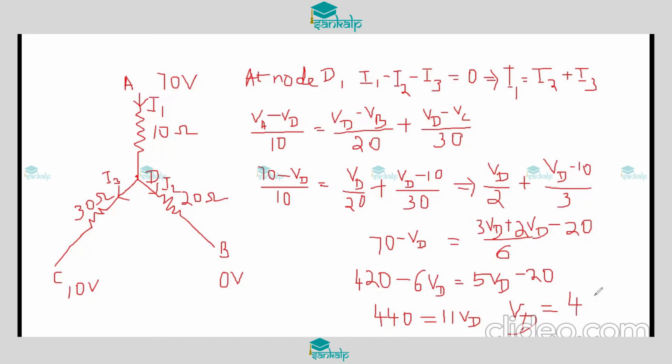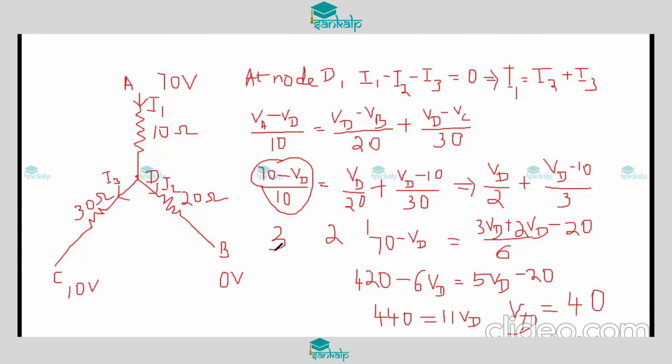40, okay? Now if I want I1, you substitute this. This is your I1. So 70 minus 40 is 30, by 10, how much is I1? 3. Next, I2 is nothing but VD, 40 divided by 20, so I2 is 2. Then 40 minus 10 is 30, 30 by 30 is 1.